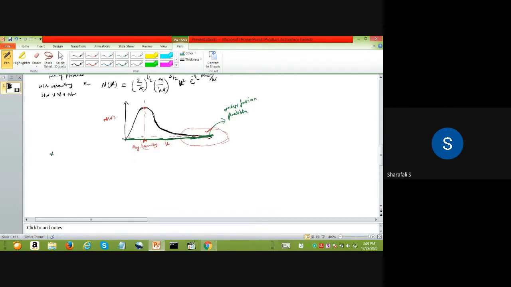So I will list here what the nuclear fusion reaction depends on. It depends on the temperature, and it also depends on the density of those reactant nuclei. Then we have the fusion cross section.